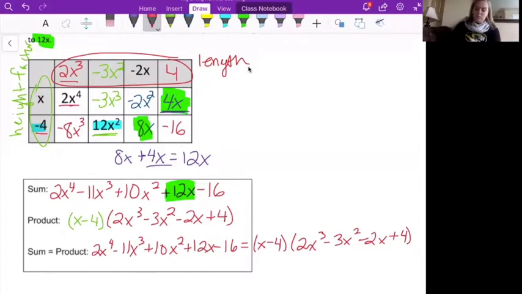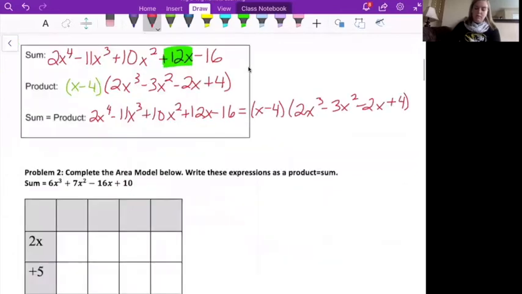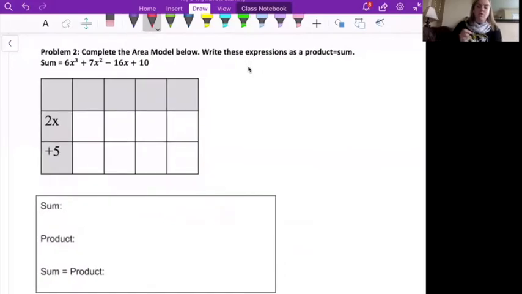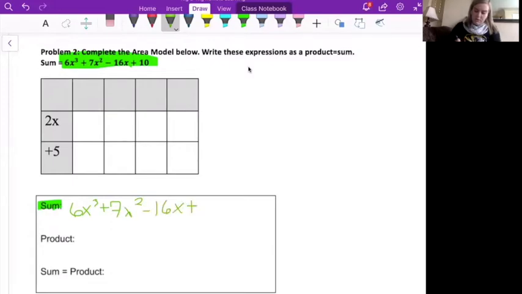Okay, so now if we want to complete the area model below, write the expression as a product equals sum. We have the sum right here, so I'm just going to write that down here: 6x cubed plus 7x squared minus 16x plus 10.